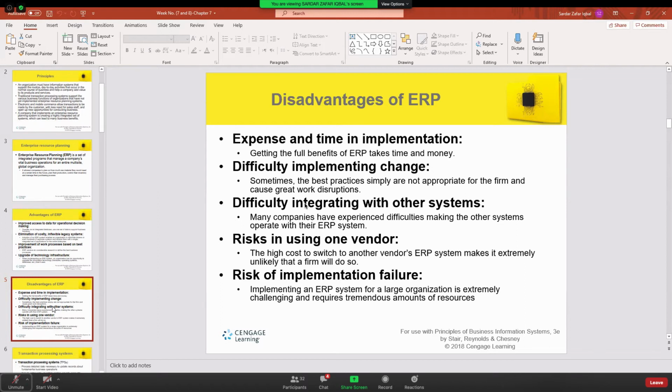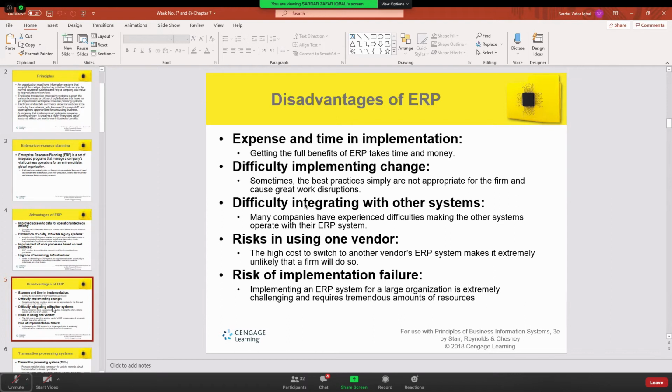So difficulty implementing change, yes. Sometimes the best practices simply are not appropriate for the firm and can cause great disruption. Although the softwares are tested, every organization has its own requirements, different from others. For example, one industry is different from another, and both are different from, for example, the car industry, and all of them are different from academics, the universities.